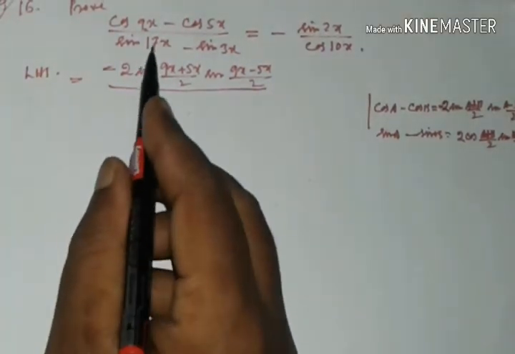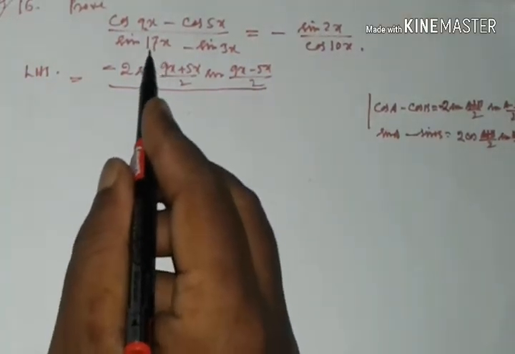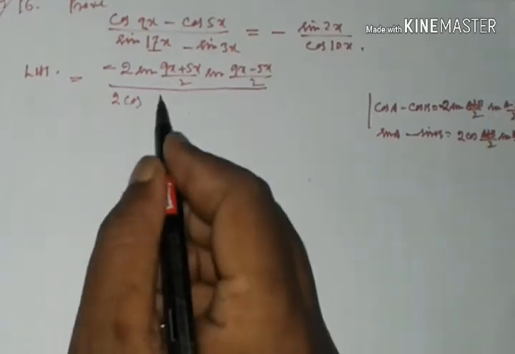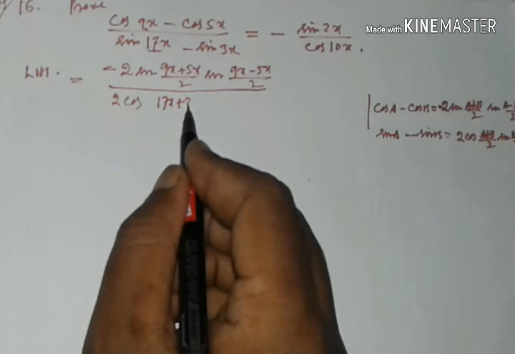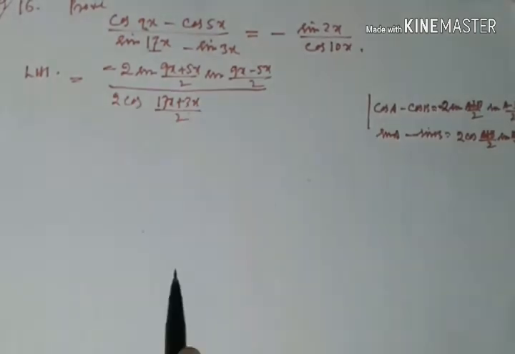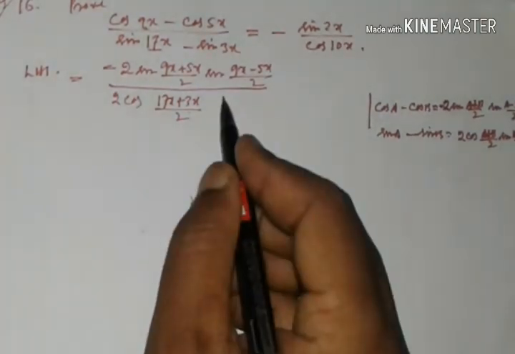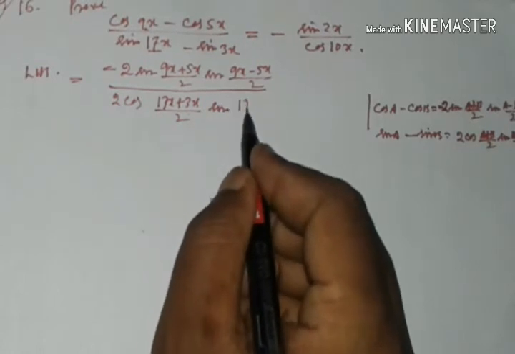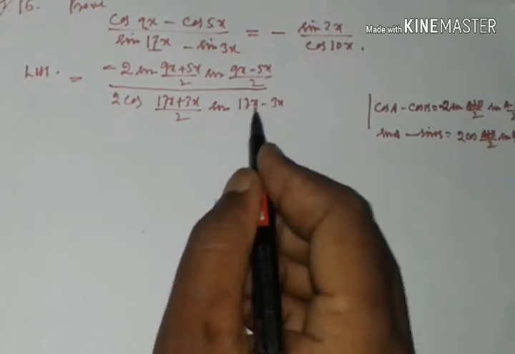Therefore here also, if we consider 17x as A and 3x as B, there is 2 cos (17x plus 3x)/2 sin (17x minus 3x)/2.